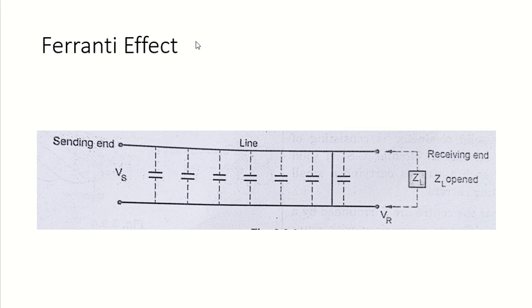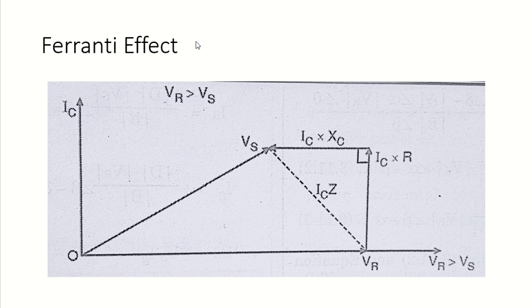The line is being charged, and the line current IC which is flowing through my line leads this VR by 90 degrees, assuming the capacitance of the line. In this phasor diagram, I'm taking VR as my reference vector, and because IC is due to capacitance, it will lead by 90 degrees, right? The capacitance of the line is not distributed, but as if it is concentrated at the receiving end. We will take it like that.